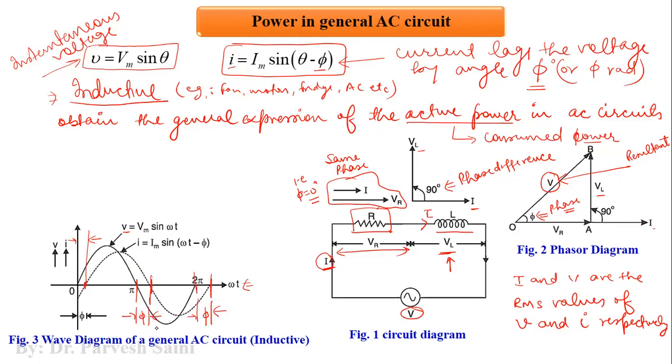Now, what we want to understand in today's lecture is what the power is. As we know, the instantaneous power is given by p is equal to v into i.